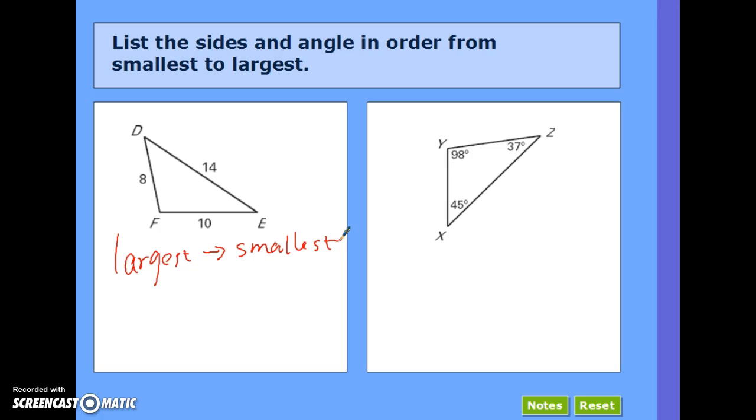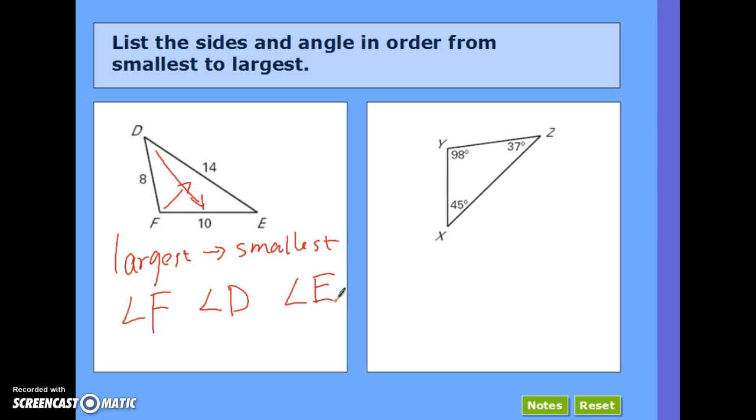So the longest side of this triangle is 14, which means the angle opposite to that is the largest angle, which is angle F. The angle facing the middle side will be the middle angle. So angle D, which is opposite to the side measured 10, is the middle angle. And angle E is opposite to the side 8. So that means angle E is the smallest angle.